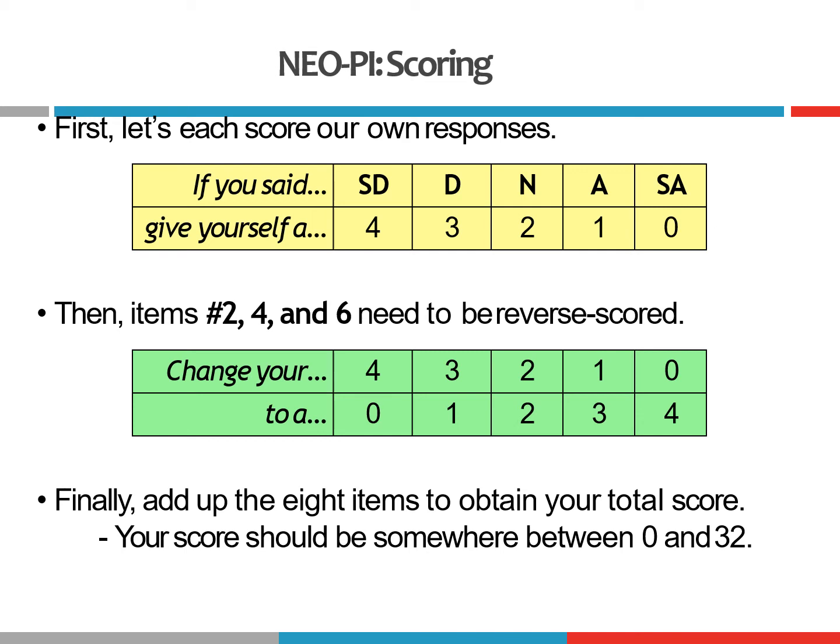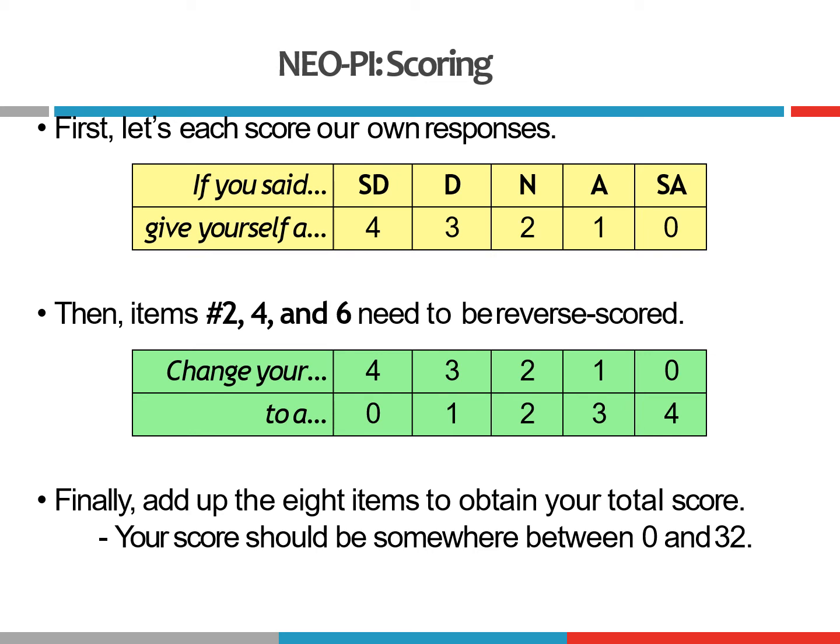Okay, but once you have done that for all 8 questions, then you need to reverse score number 2, number 4, and number 6. So remember, we have some items that are reverse scored so that we can avoid response set, right?